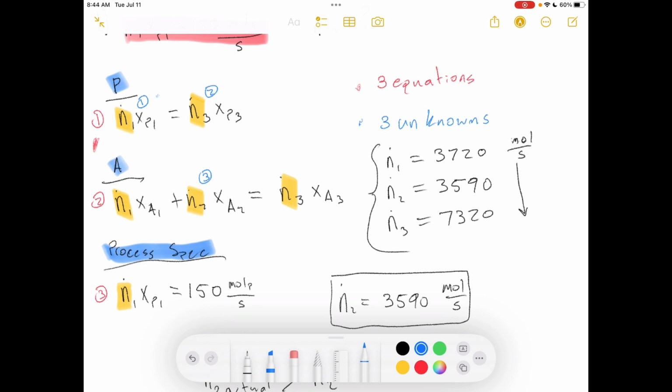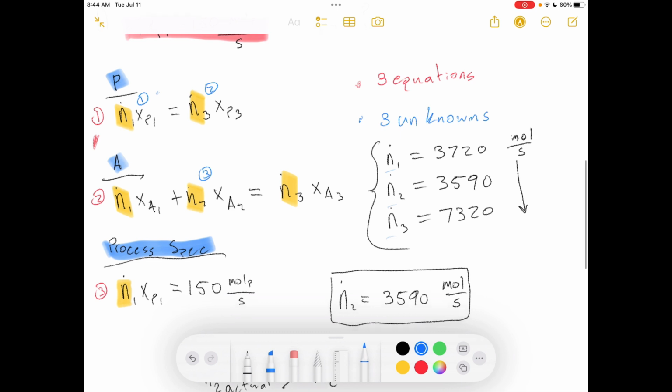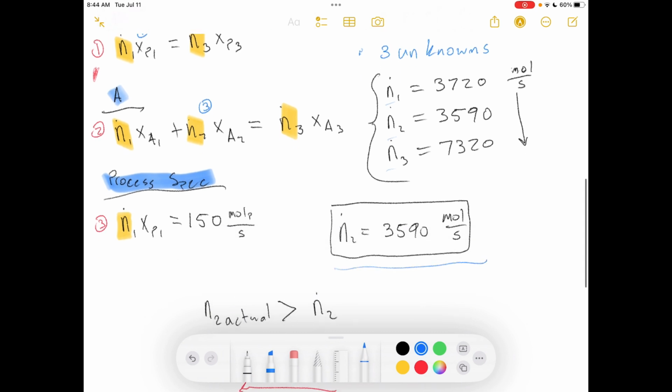Here we have 3 unknowns, so 3 equations, 3 unknowns. We have a system of equations, and the equations are independent, so we can solve the system for the different unknowns that we have. So we have N1, N2, and N3. It asked us to solve for N2, and we did that right here. So that's the answer to part B.